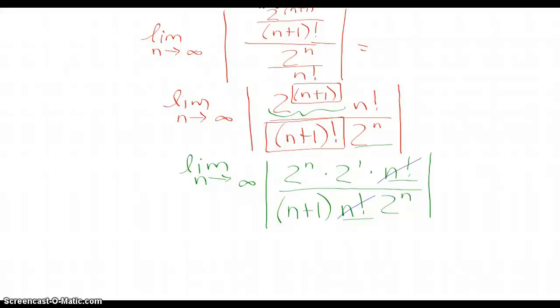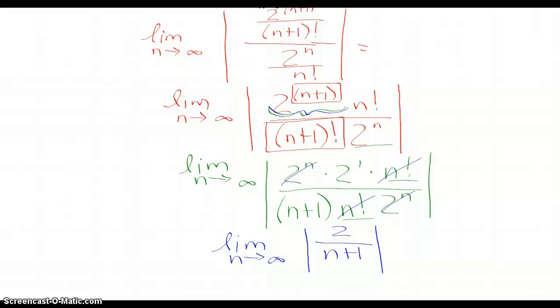The whole reason for expanding this term is that those two terms algebraically cancel. Now, let's just clean it up. The limit as n approaches infinity of the absolute value of 2 over n plus 1. All that mess that we started with up there cleans up, algebraically, I didn't do anything fancy, I just used algebra. It cleans up to this really, really nice fraction.